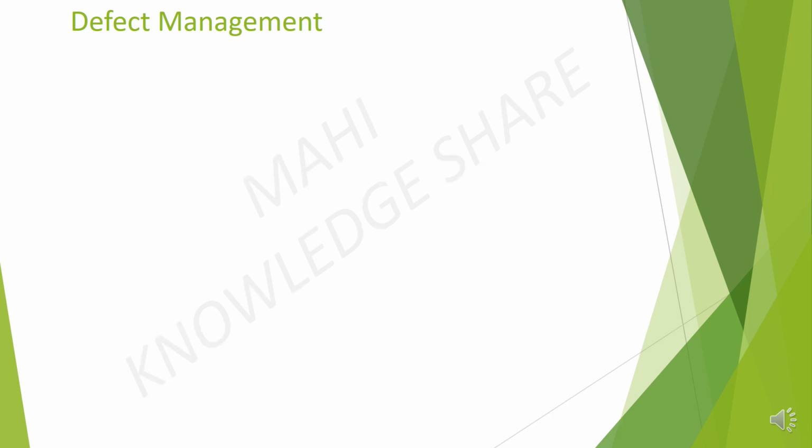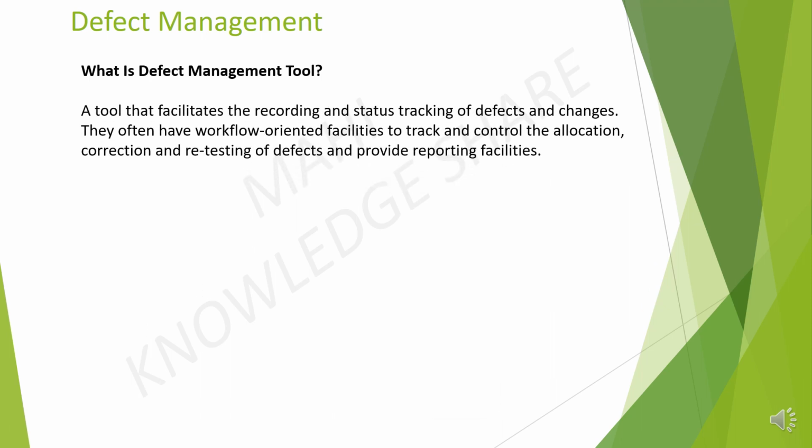Defect management tool. A tool that facilitates the recording and status tracking of defects and changes. They often have workflow-oriented facilities to track and control the allocation, correction, and retesting of defects and provide reporting facilities.